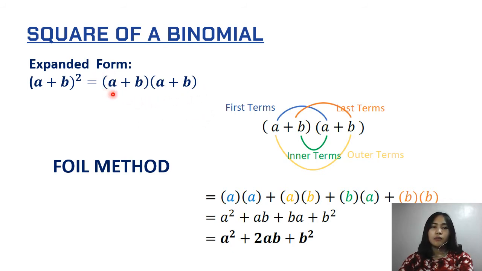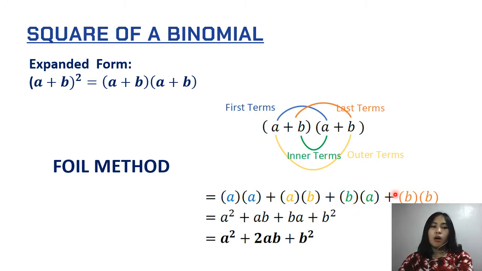As you can see, we have here the outer term for the first binomial and the outer term for our second binomial. So next we have to multiply a and b for our outer terms. And now for the inner terms, the terms inside, we have b and a. That's why we multiply b and a.